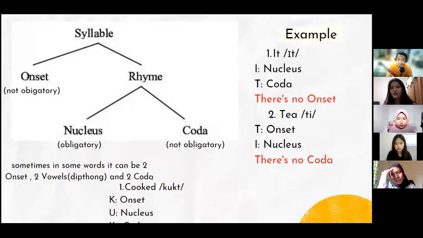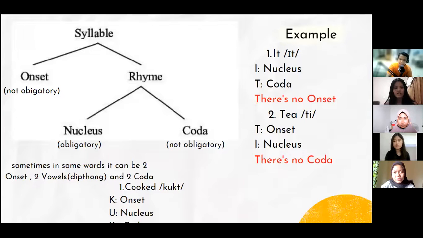In a syllable, the onset is not obligatory, but the nucleus is obligatory. And also the coda is not obligatory. For example, in the word it, you need to change to phonemic transcription, IT, and then the I is the nucleus, T is the coda.